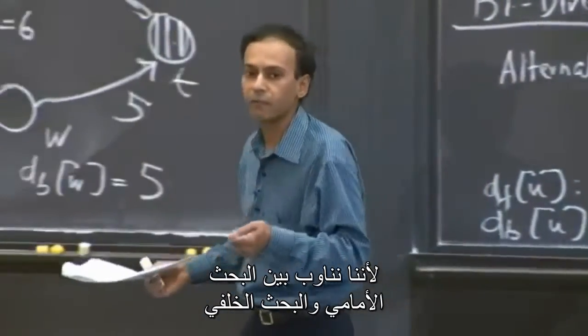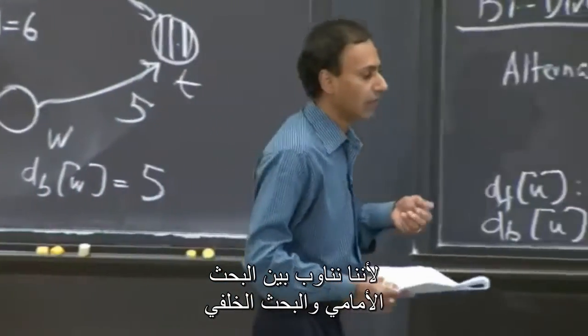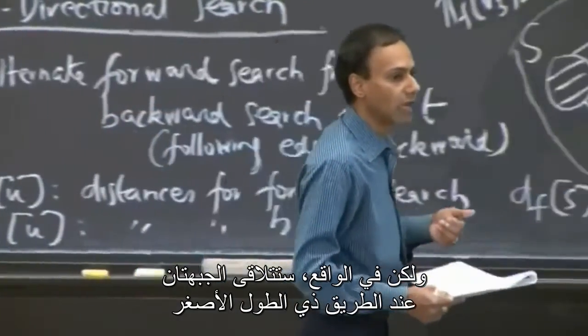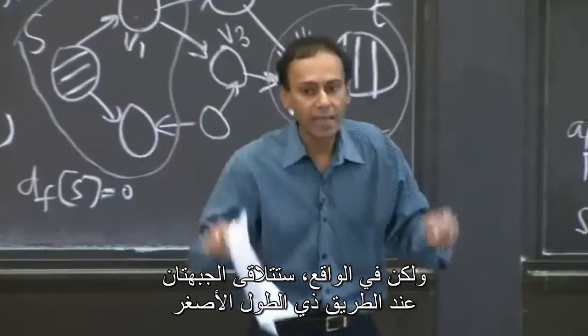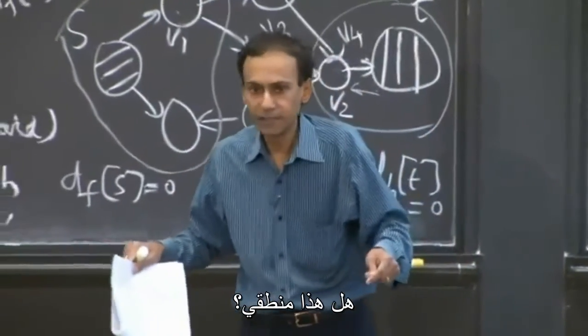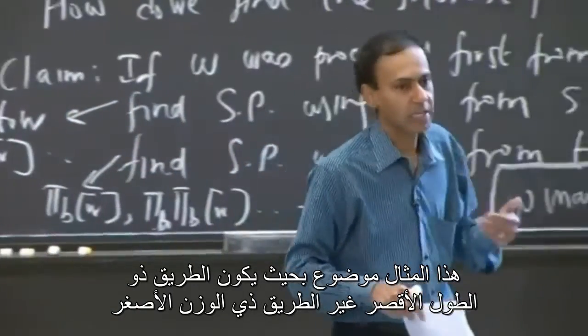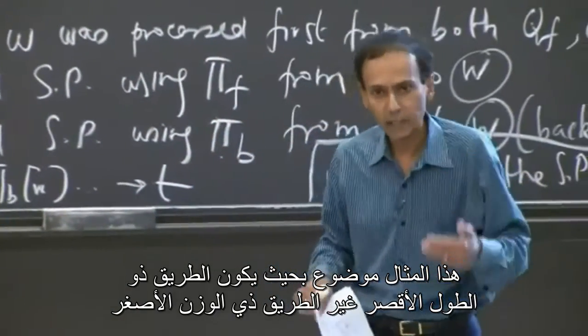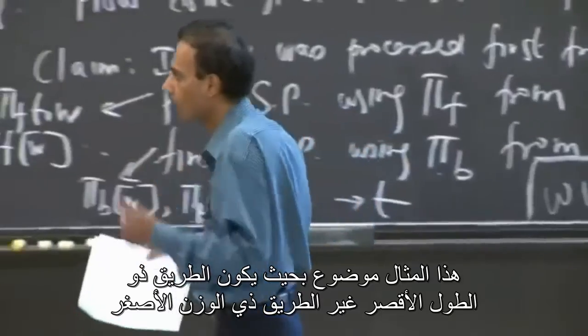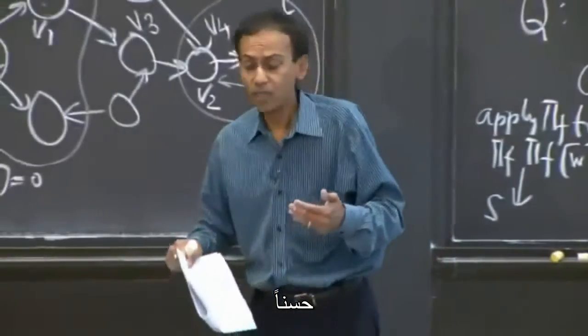Because we're alternating the forward search and the backward search, in effect, the frontiers are going to collide on the shortest length path, right? That makes sense, right? But this example is set up so the shortest length path is not the shortest weight path, okay?